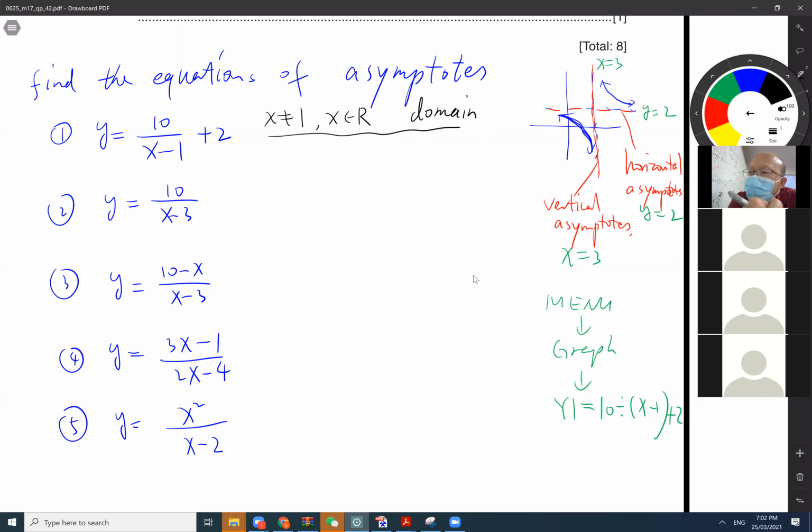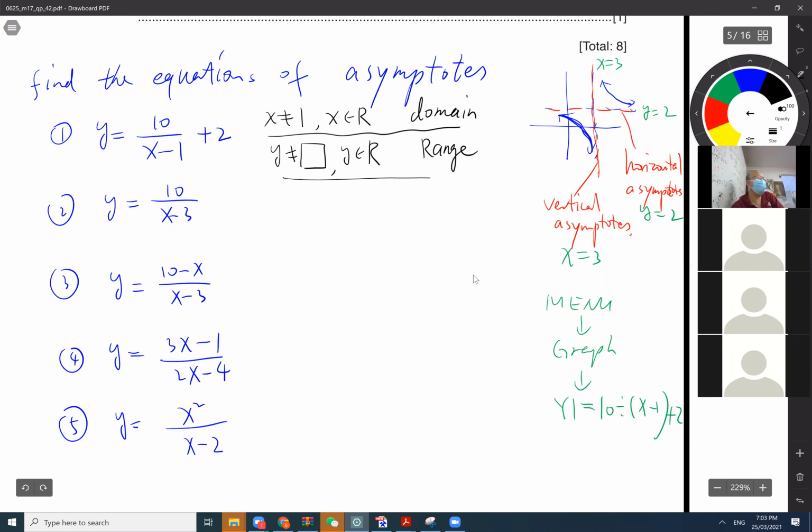Domain is about possible x values. Double check, guys. y cannot be what? The condition on y value, or possible y values, we call the range. So that's domain, the range.